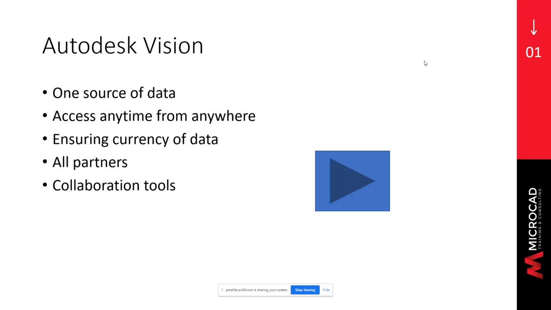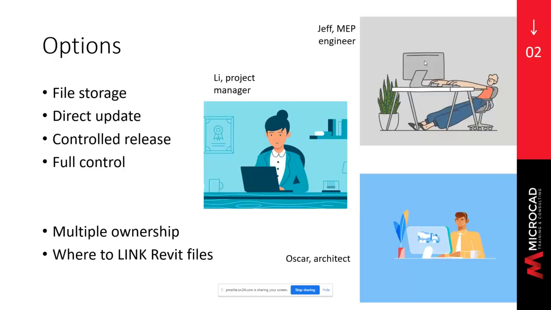The workflows I'll be talking about are all based on the Autodesk Cloud Services platform, either BIM 360 or Autodesk Construction Cloud. The 4 options we'll be discussing are shown here. I'll be talking about how it affects 3 different users: Oscar, the architect; Jeff, the MEP engineer; and Lee, the project manager.